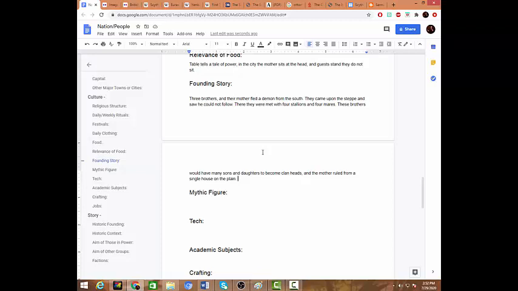The brothers would obviously have names. They would explain how each clan was descended from each brother. The mother ruling the brothers from a single house, I think, is probably a bit that was added recently with the development of Krasnodar as sort of this individual place. So it's kind of like hey, it's fine. This is how it's kind of always been.